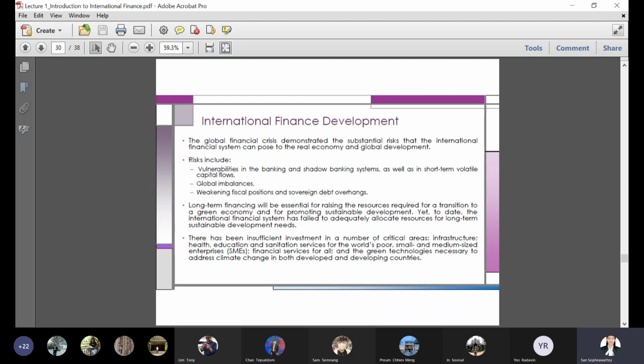At the same time, the international agendas have highlighted the enormous need for financing for the social, economic, and environmental dimensions of sustainable development.